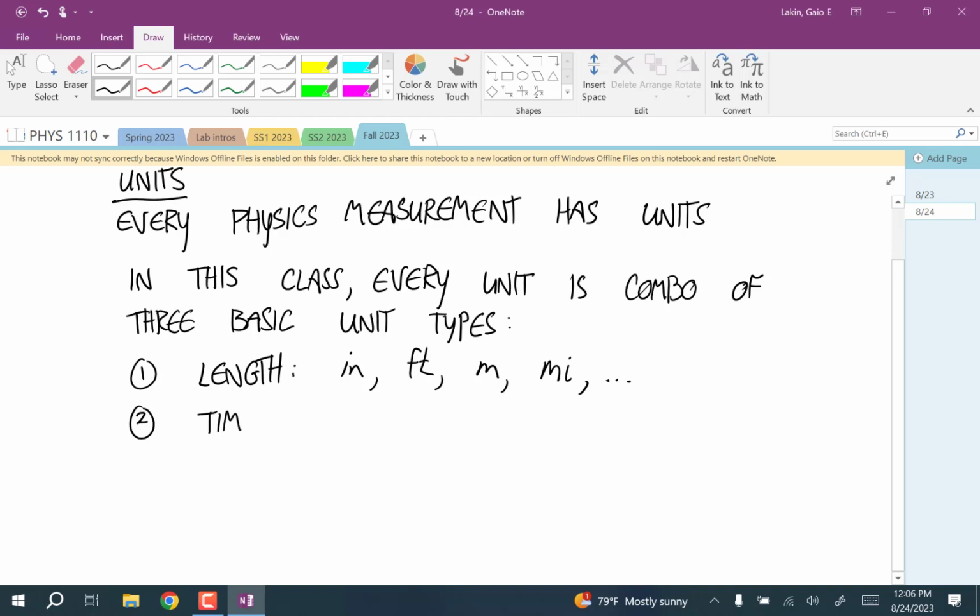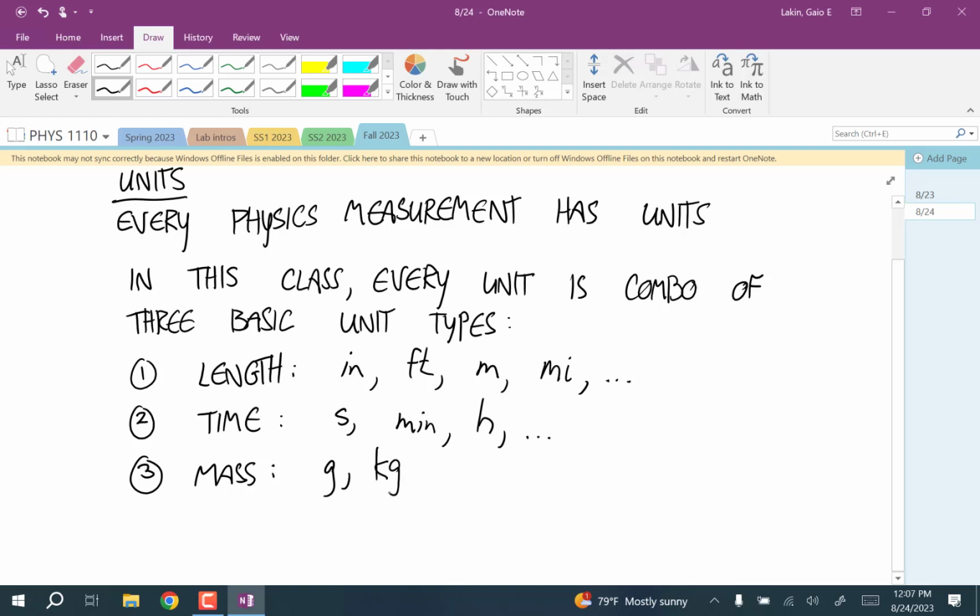Time, and that can be seconds, minutes, hours, years, whatever. And then mass, and mass can be grams, kilograms.